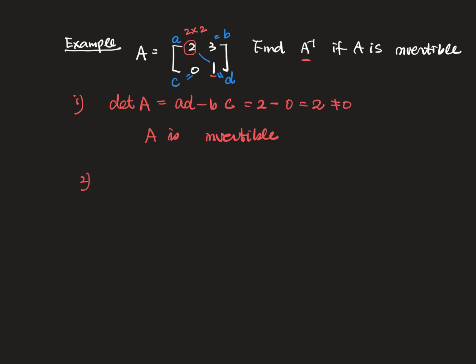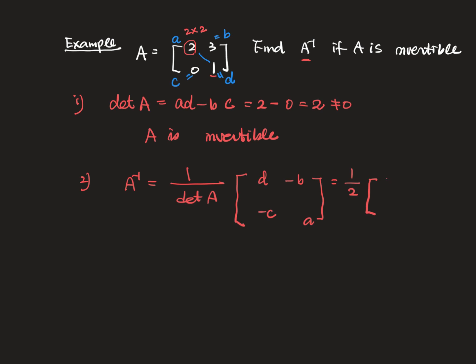Second, we want to find the inverse matrix. So 1 over the determinant of A, then switch A and D, and negative B, negative C. Very simple, huh? So what is the determinant of A, guys? We already found the determinant of A is 2. So this is 1 over 2.